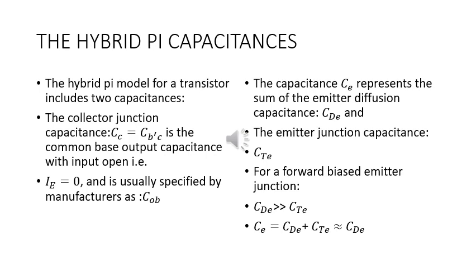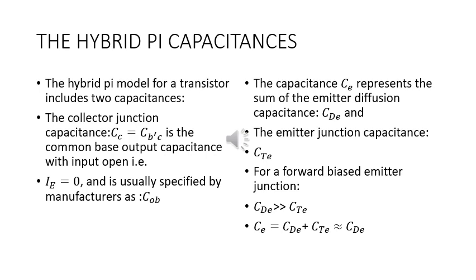Next, we come to the calculation of the hybrid pi capacitances. The capacitive effects can be neglected at low frequencies, but at high frequencies, they play a significant role. The hybrid pi model for a transistor includes generally two capacitances: the collector junction capacitance CC, which is equal to CB'C. It is the common base output capacitance with input open, that is IE equal to 0, and it is usually specified by manufacturers as COB.